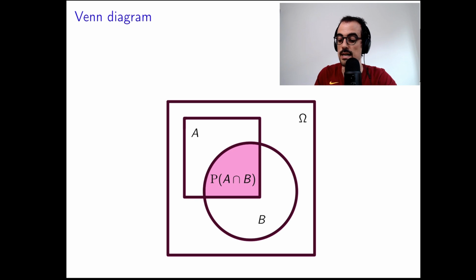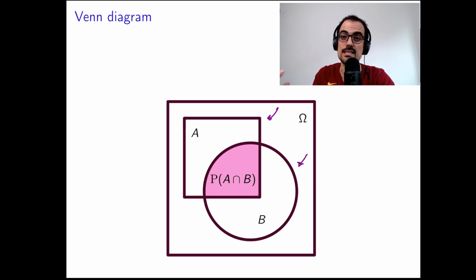So here the probability of each of the events is represented by its area. The area of the sample space is 1. The probability of A is the area of this square. The probability of B is the area of this circle.